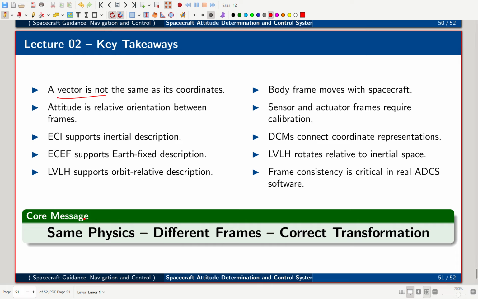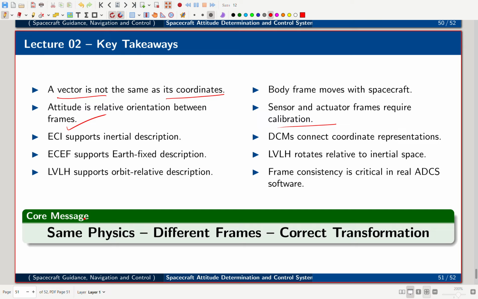So what did we understand from this lecture? The vector is not the same as its coordinates. Attitude is the relative orientation between frames. ECI supports inertial descriptions. ECEF supports Earth-fixed descriptions. Local vertical, local horizontal supports orbital relative descriptions.